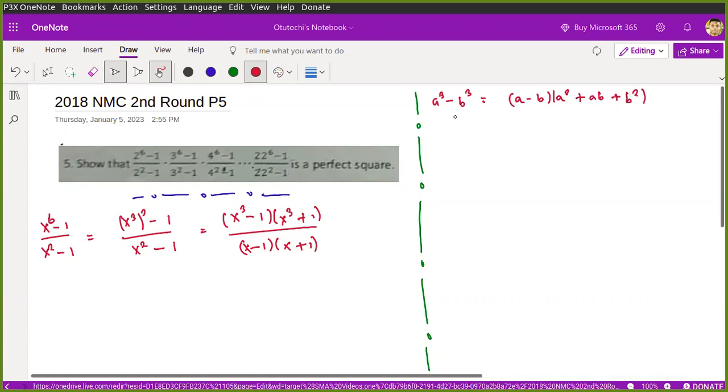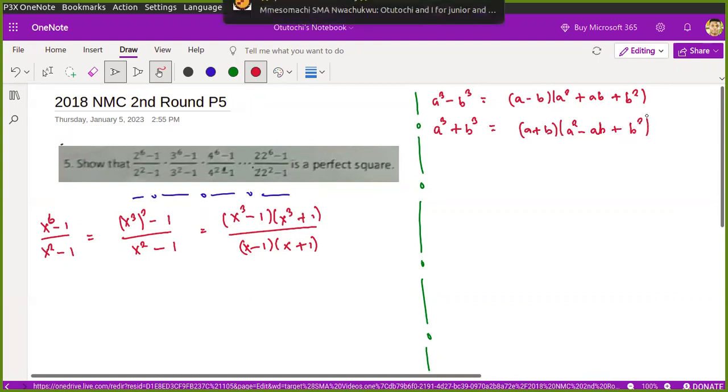And the one for sum of cubes says a cubed plus b cubed is equal to a plus b times a squared minus ab plus b squared. You can actually confirm either of these, and they are true with just expanding the brackets, right? So they are known formulas.